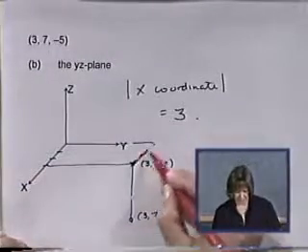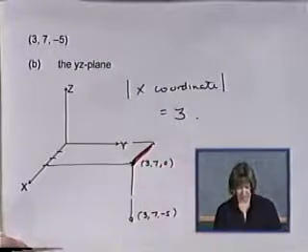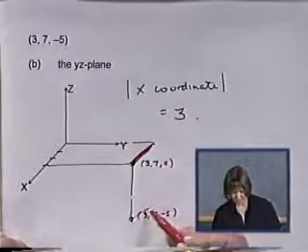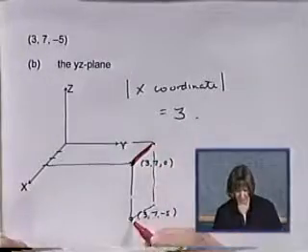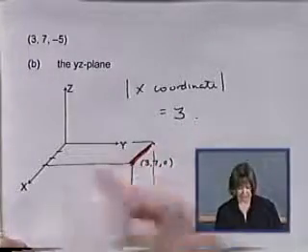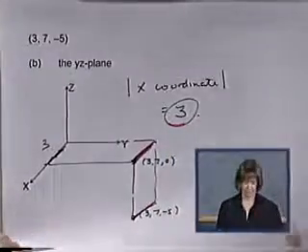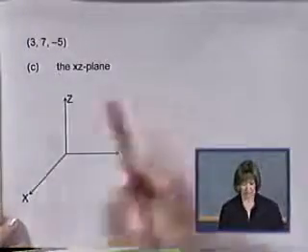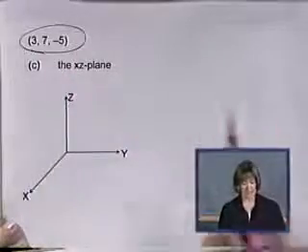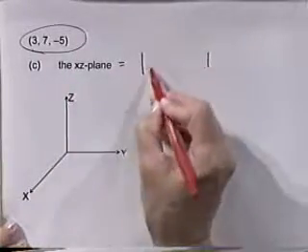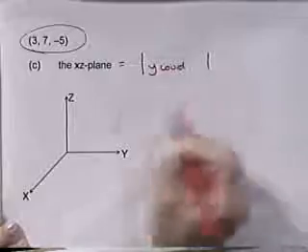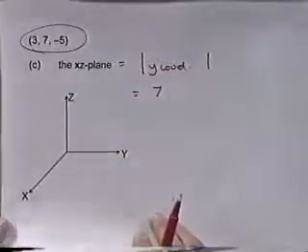That's this distance right here, isn't it? Right? The perpendicular, because it's the same as this distance here. And this distance is the same as this distance, which is the same as this distance, which is the x-coordinate. Quick and dirty, if I want to find the distance from this point to the xz plane, it's going to be the absolute value of the y-coordinate, which is going to give me 7.